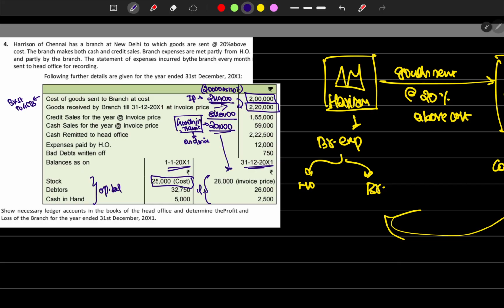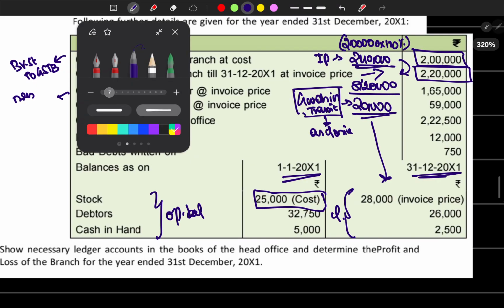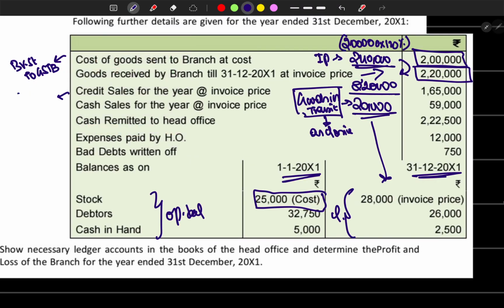Now credit sales, which is debtors to branch stock; cash sales, branch cash to branch stock; expenses, which is branch expenses to bank account; then the bad debts, which is branch expenses to debtors.